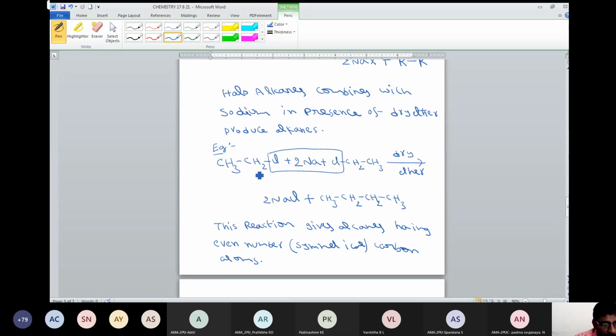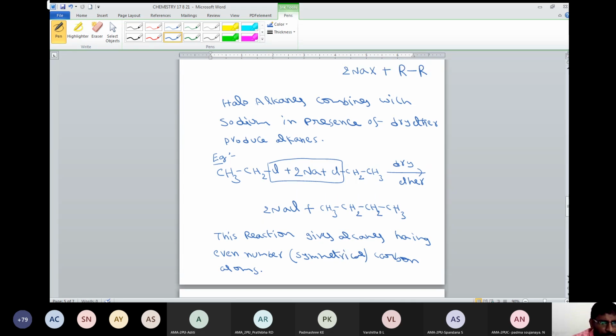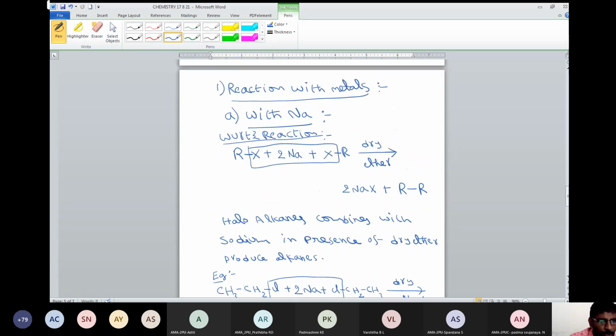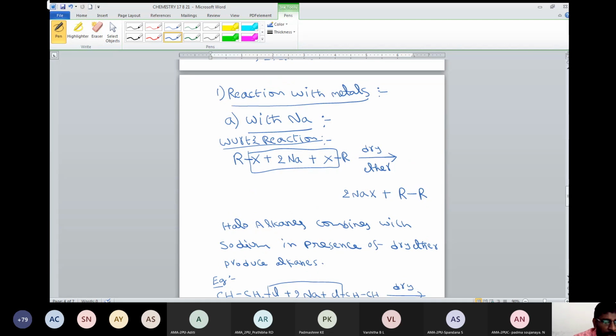So Wood's reaction drawback, if anyone is asking: in this reaction we can only prepare symmetrical alkanes. We cannot prepare unsymmetrical alkanes. So that is the Wood's reaction. I hope all understand. The first property of haloalkane is reaction with metals.